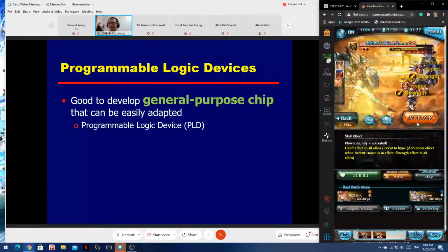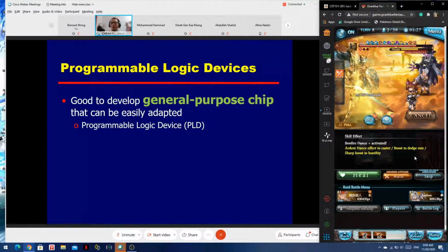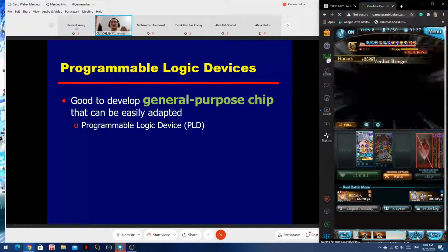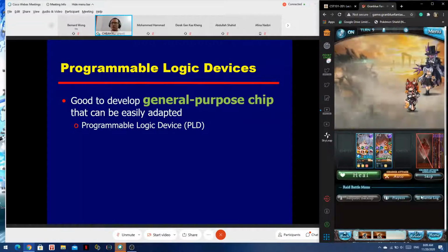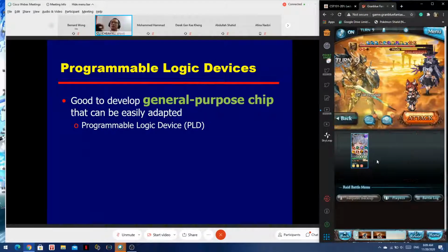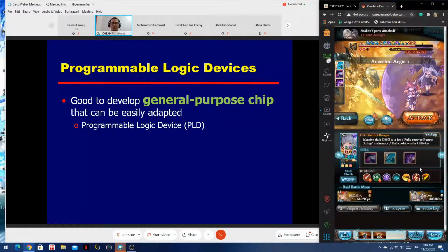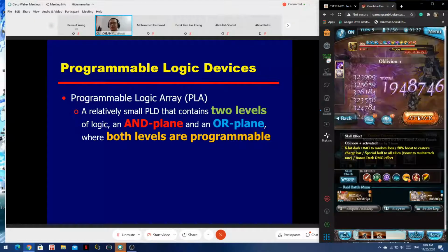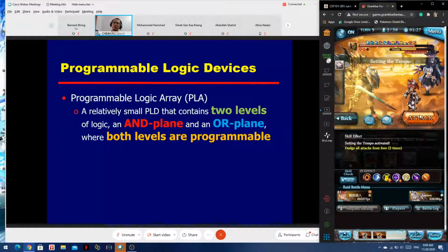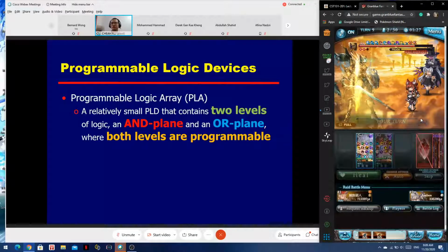A logic device can be programmable. So that's where the general term PLD comes in: programmable logic device, a general chip that can be adapted or programmed. Now, there are a few types of programmable logic devices.